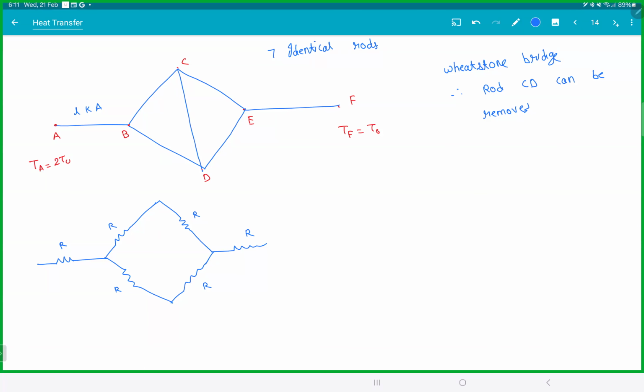There, this is the circuit I would have drawn. इसका equivalent निकालो. Parallel, series, parallel.